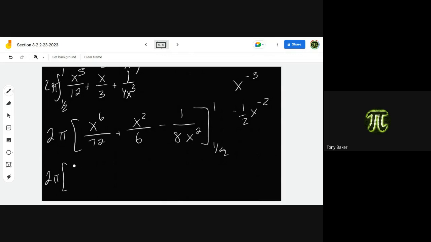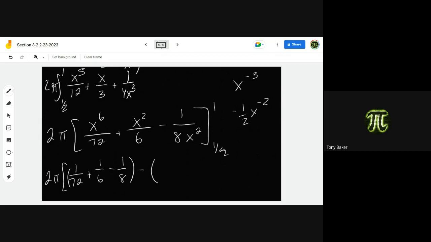So if we plug in 1, we get 1 over 72 plus 1 over 6 minus 1 over 8. Minus, when I plug in 1/2, 2 to the 6th power is 64.